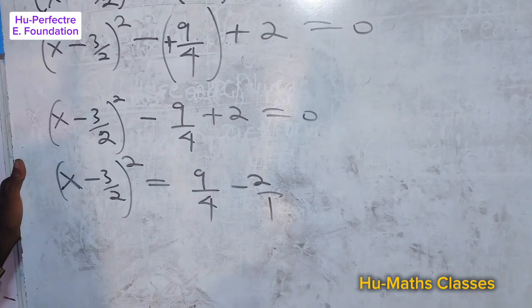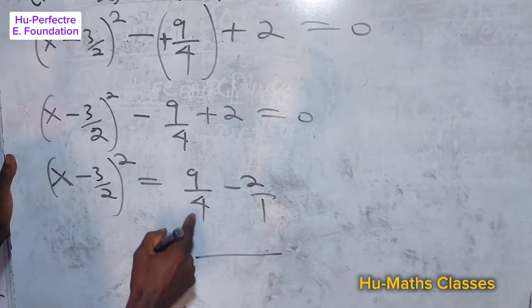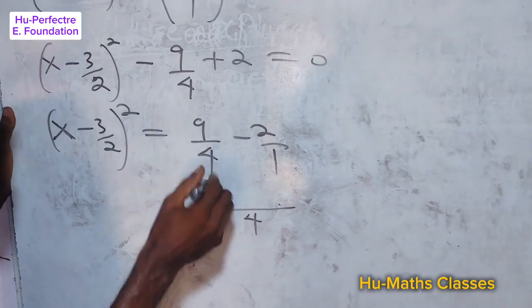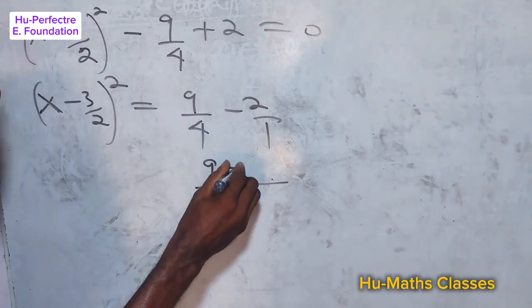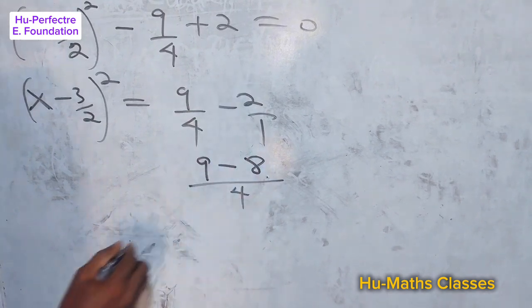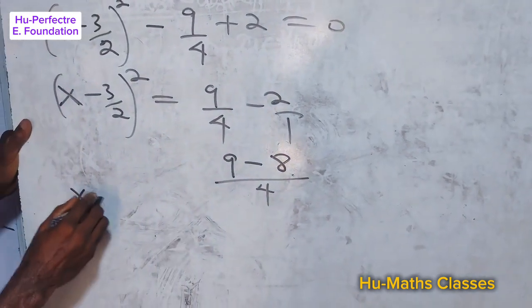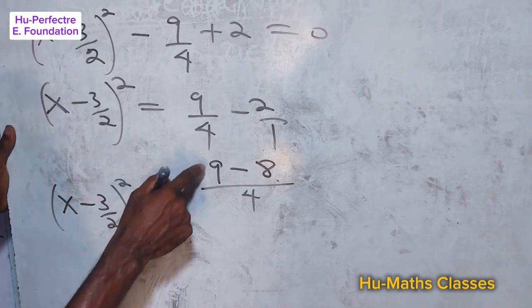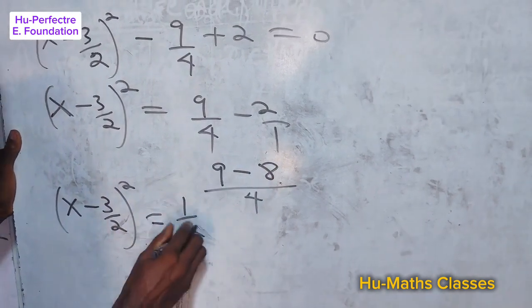Let me put it in fractional form. The LCM of these two fractions is 4. 4 in 4 is 1 times 9 is 9, minus 4 in 4 is 1 times 2 is 8. So we have x minus 3 over 2 all squared is equal to 9 minus 8, which is 1 over 4.